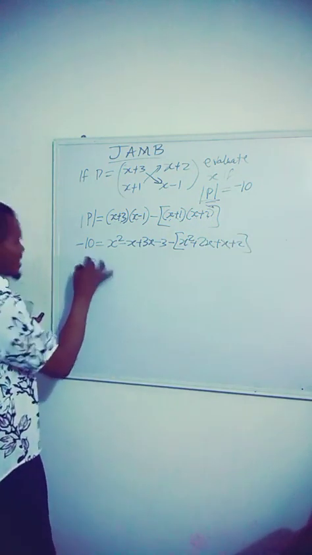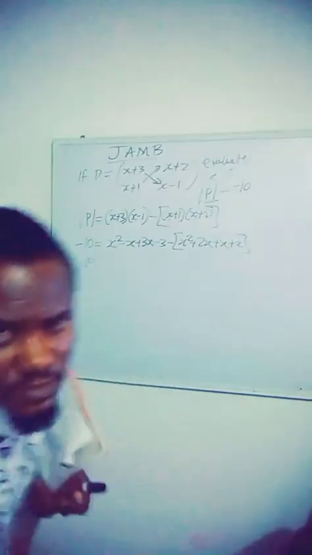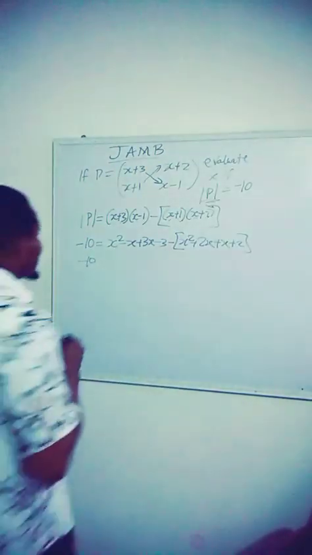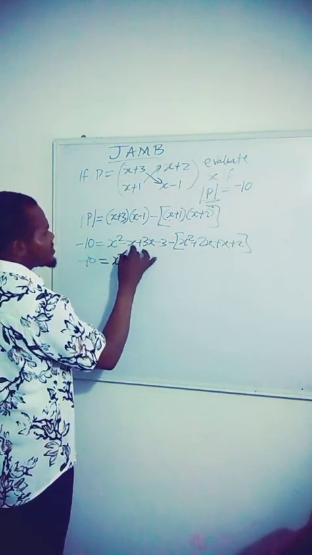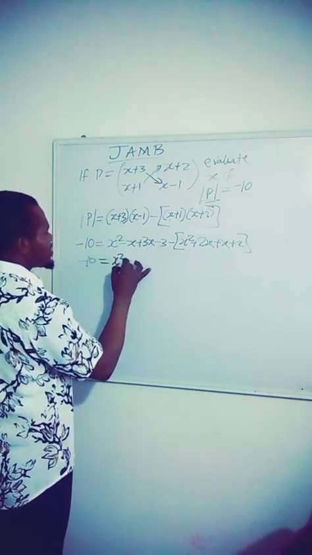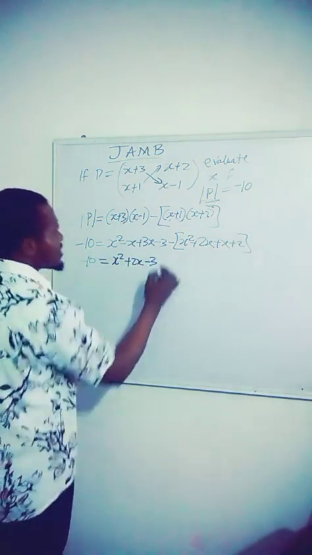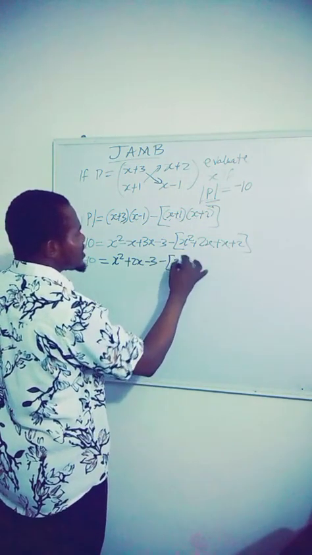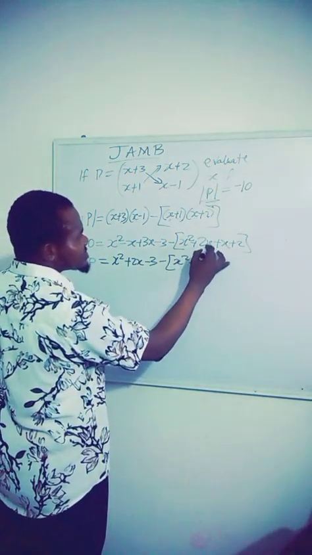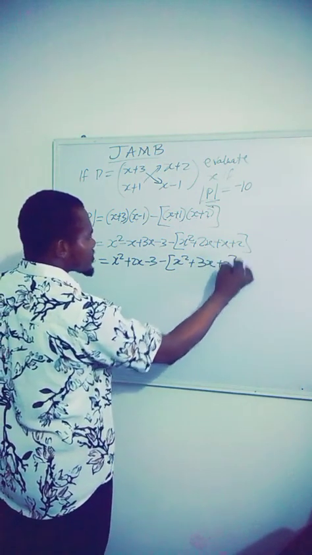We have minus 10 equals x squared minus x plus 3x plus 2x minus 3, then minus into x squared plus x plus 2x plus x, that is 3x plus 2.